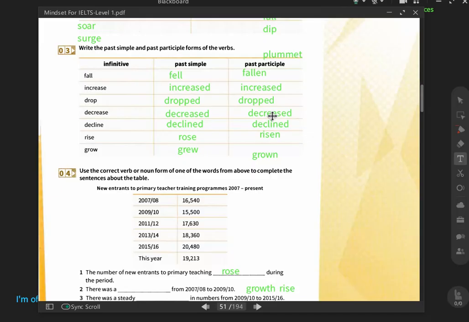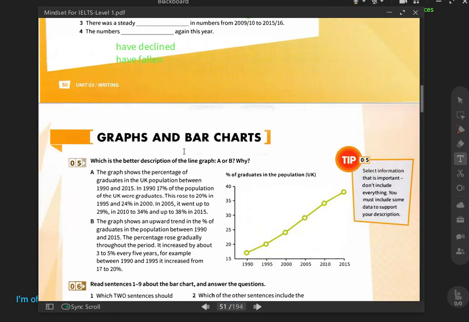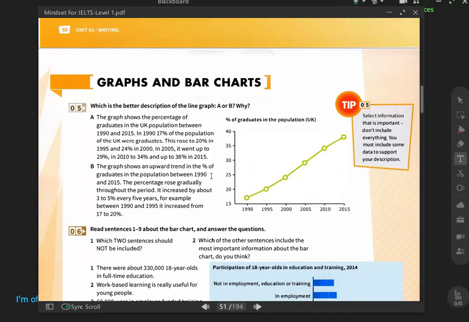So it depends. We will discuss it later. Well, graphs and bar charts. Which is the better description of the line graph, A or B? Could you please read and tell me which one can be the better choice and why?